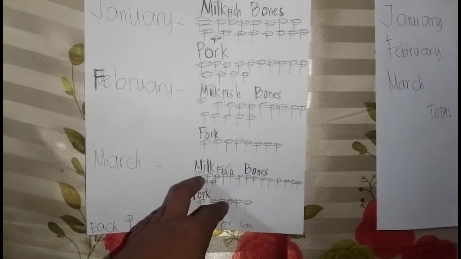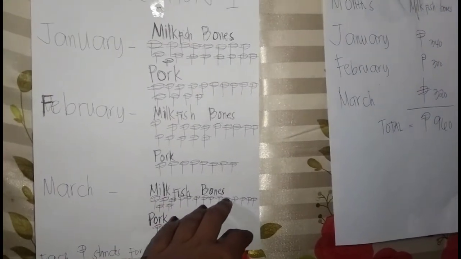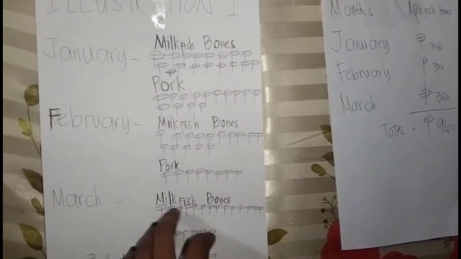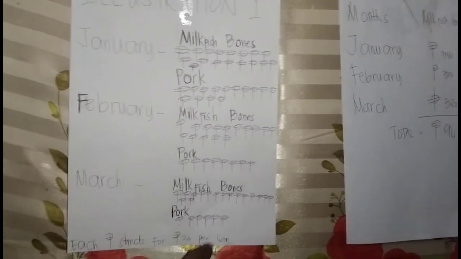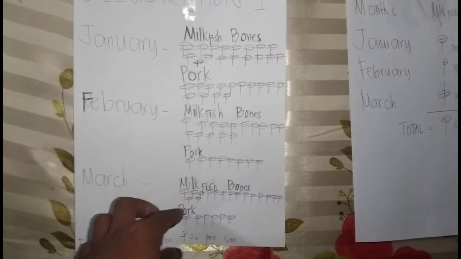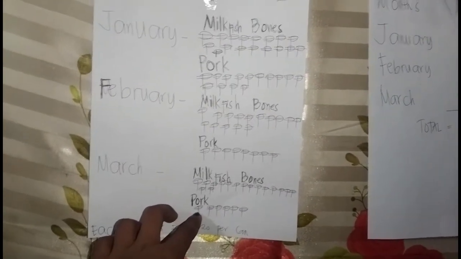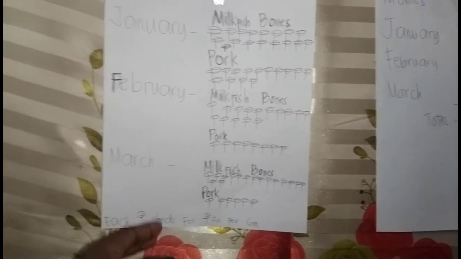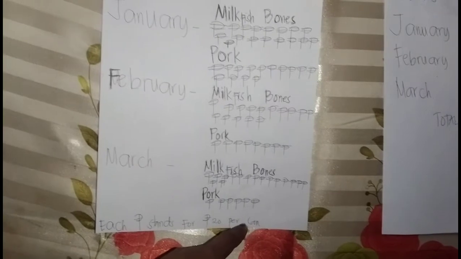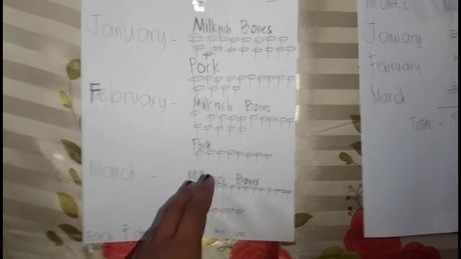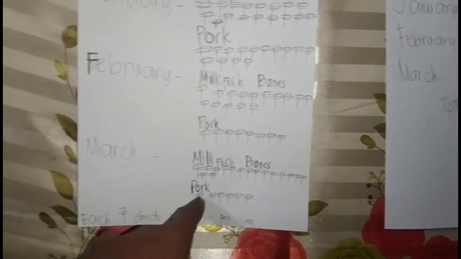So in milkfish bones, we have 16 peso signs. 16 times 20 equals 320. And the pork, we have 6 peso signs. So the total of pork for the month of March is 120.